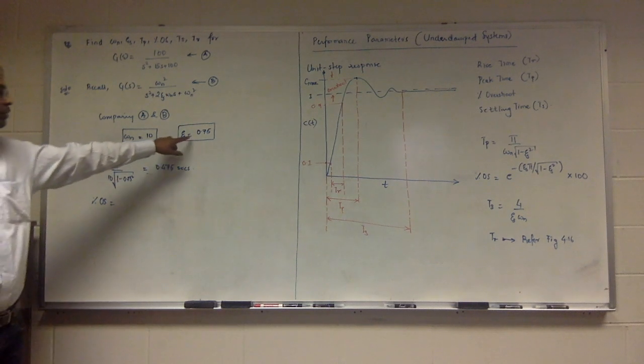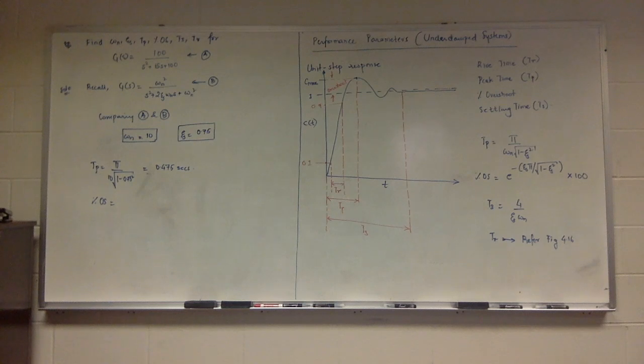If zeta is greater than 1, what system is it? Overdamped. What is the overshoot for an overdamped system? It's 0. So what is the peak time? Infinity. It's never going to peak. You understand?